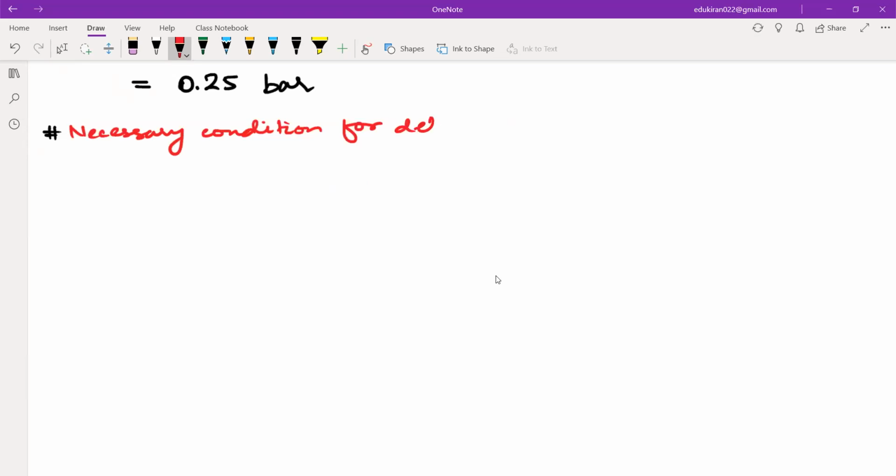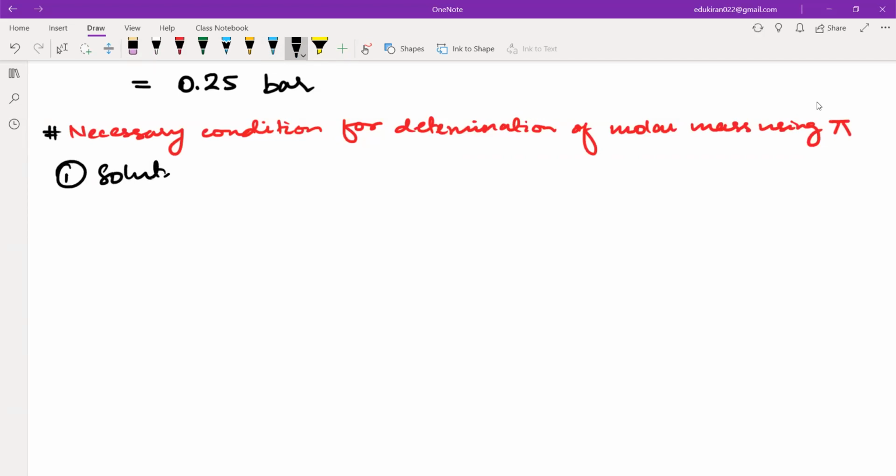Necessary conditions for determination of molar mass using osmotic pressure. The first thing is that your solute should be non-volatile, that means solid. Solute must be non-volatile.